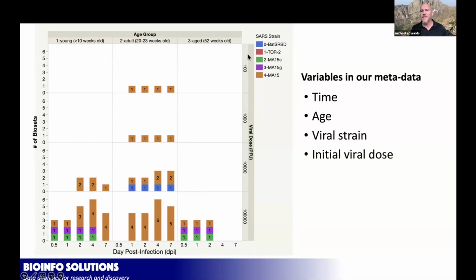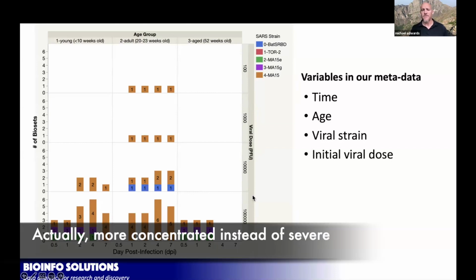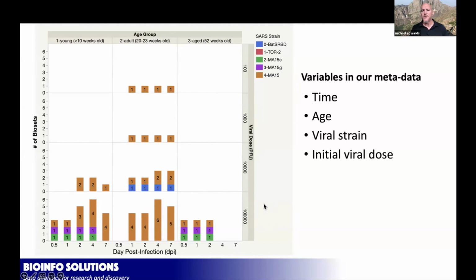A lot of these experiments also have different initial viral doses. These are plaque forming units here on the right. The more plaque forming units, the more severe the virus. As you can see here, most of our samples use the highest concentration of initial viral dose, and I would say most of our samples use the most severe form of the disease.